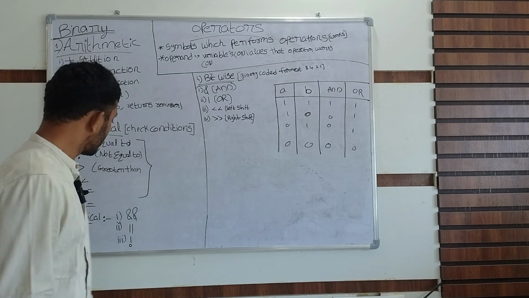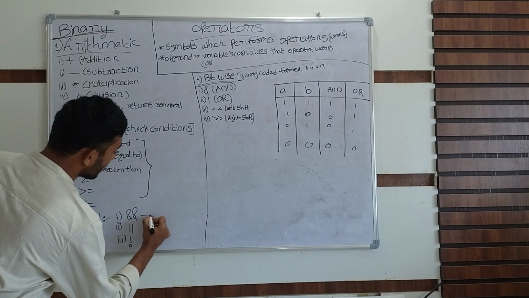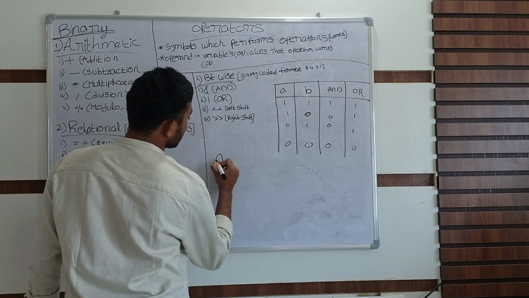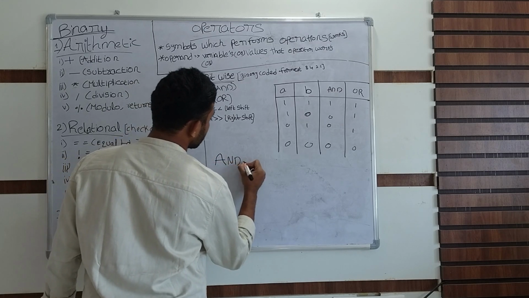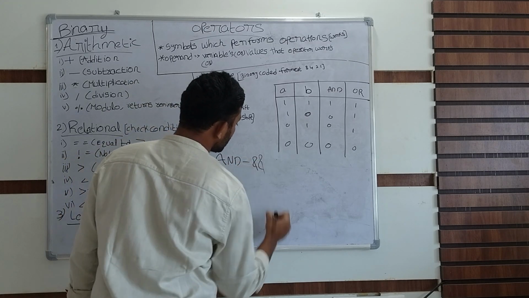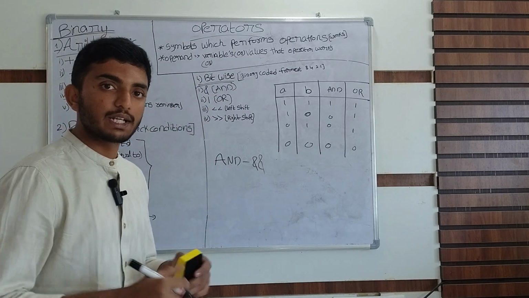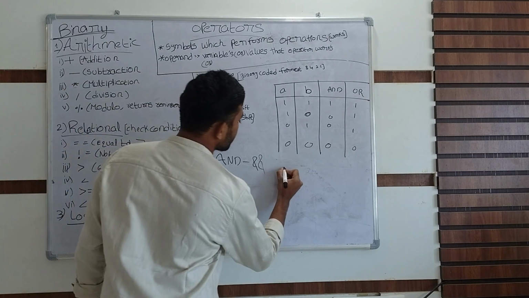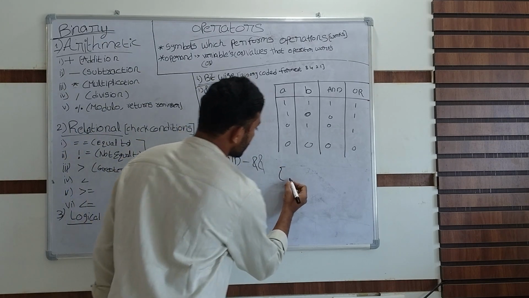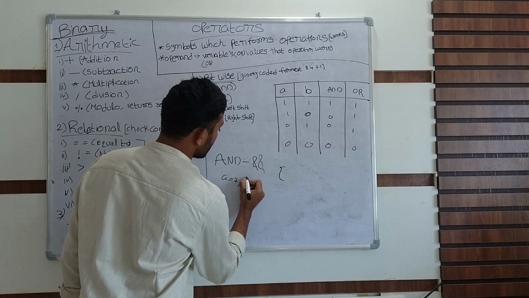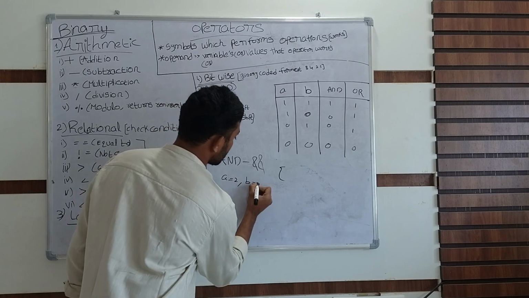This is the AND operator. It is used to check two or multiple conditions at a time. For example, A is equal to 2, B is equal to 3.